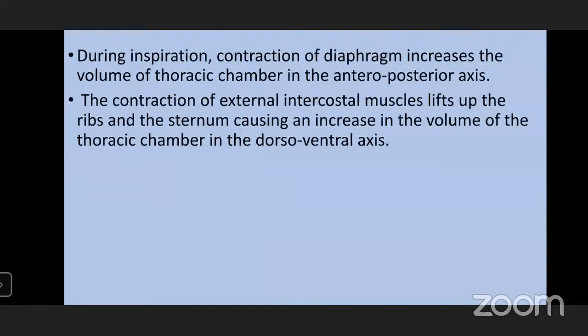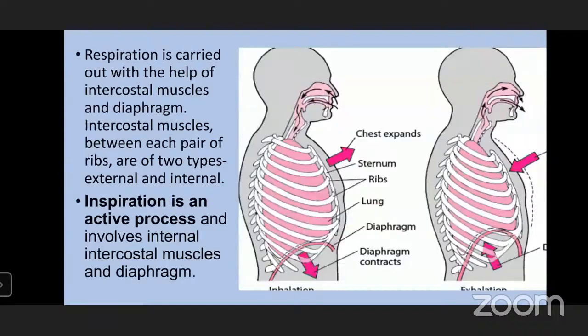And then the contraction of external and internal costal muscles lifts the ribs and sternum. The lifting up of ribs and sternum causes an increase in the volume on the ventrodorsal side. The ribs are coming up, and the vertebral column is going backwards. So the area of the thoracic cavity from the dorsoventral side is also increasing.